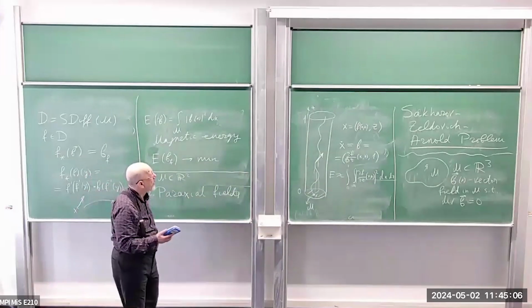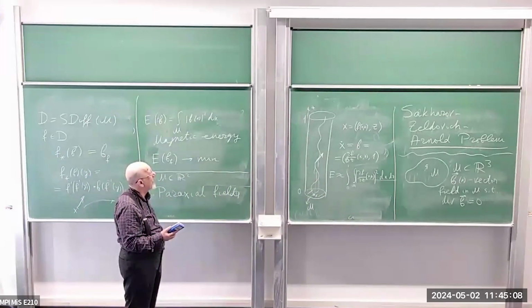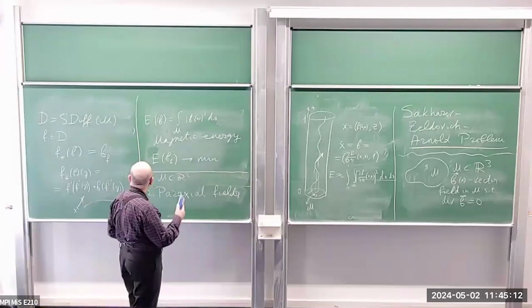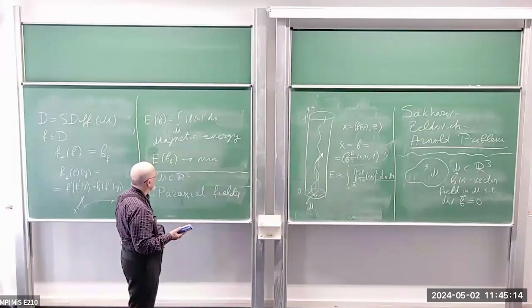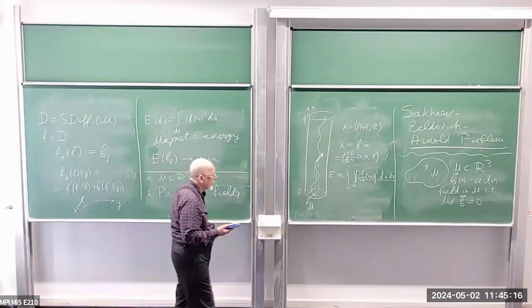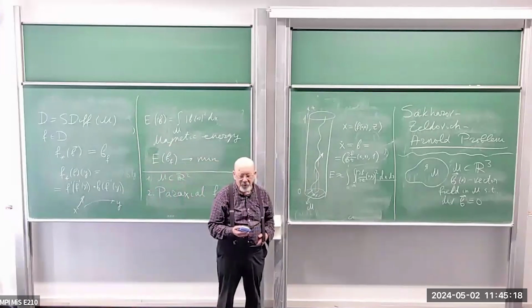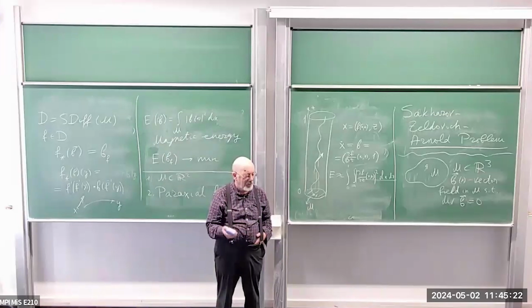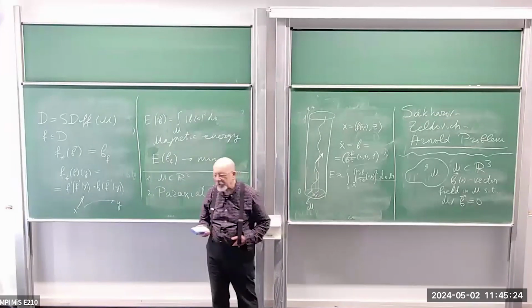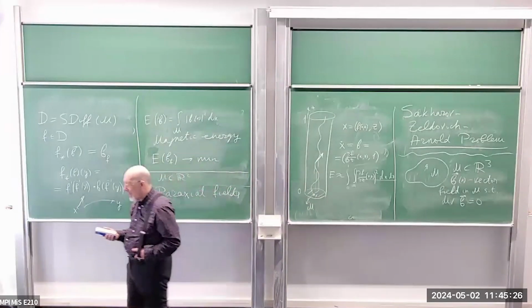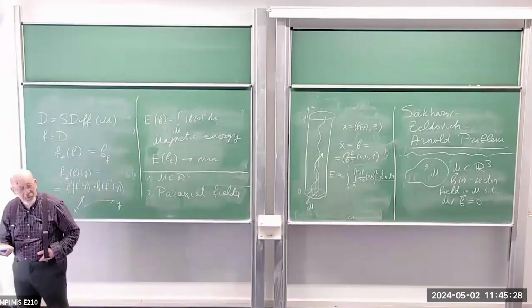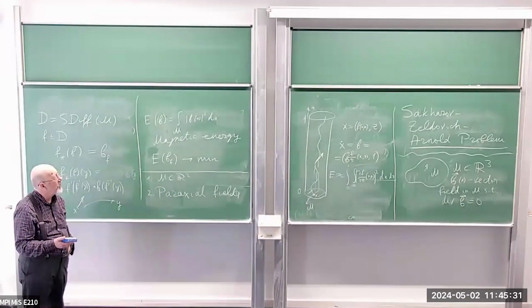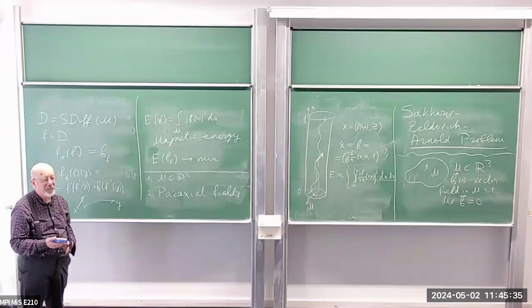But this problem is relatively tame, because for the generic Sakharov-Zeitlin-Arnold problem, the situation is much worse. The only conjecture which I saw about it is that in general the solution is discontinuous on some dense set.